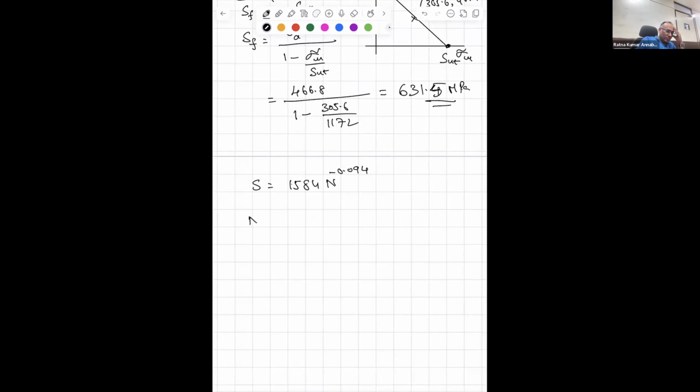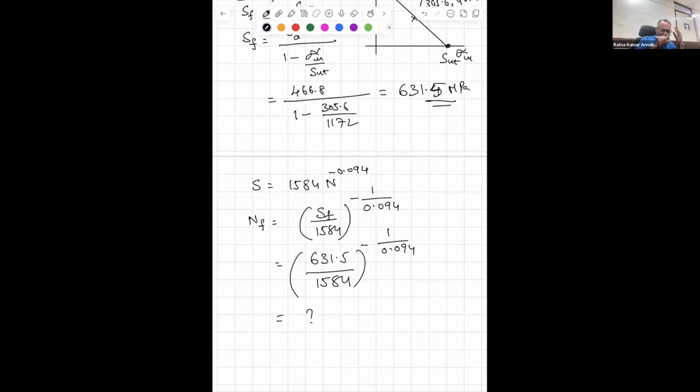Now you need to find out the number of cycles to failure, which is equal to S by 1584 whole to the power minus 1 by 0.094. This is SF, that is equal to 631.5 divided by 1584 whole to the power minus 1 by 0.094. What is the value of the number of cycles to failure?